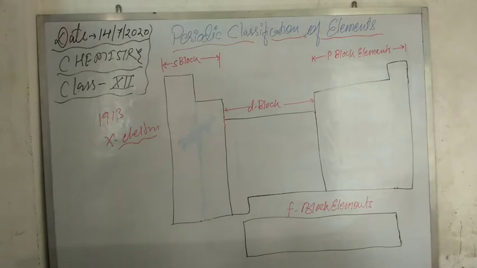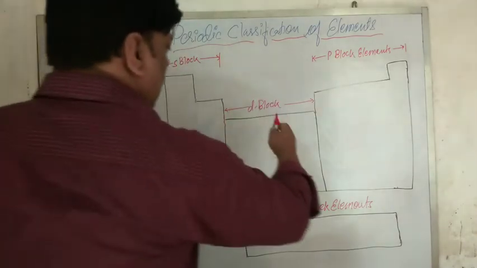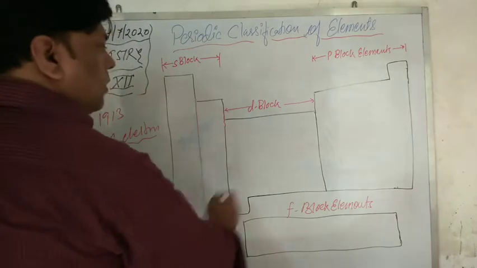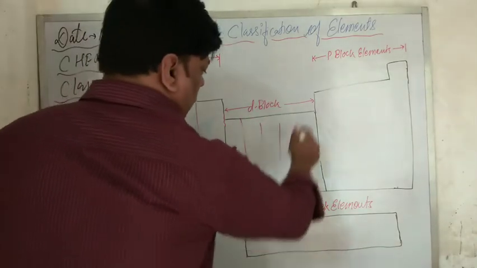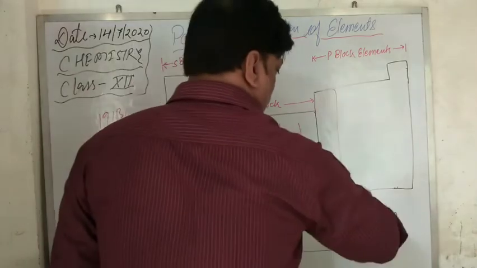Now the modern version, called the long form of the periodic table, is the most convenient and widely used periodic table, in which there are 18 columns. S block has 2 columns, D block has 10 columns, P block has 6 columns.